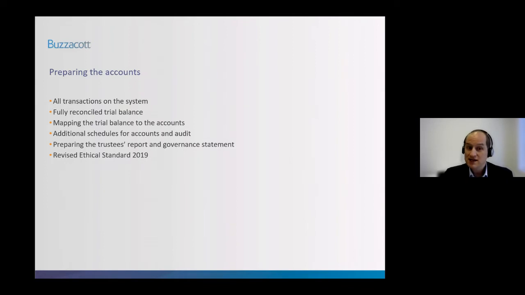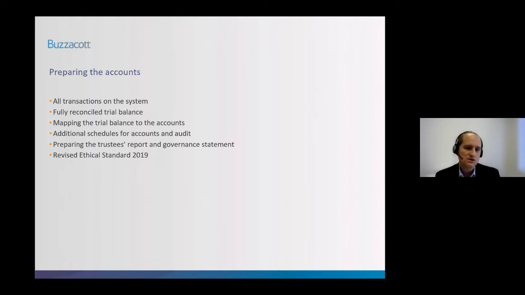Don't forget, you'll also need to prepare the Trustees report and the governance statement, so the front end of the accounts. That was covered in part 1 of the workshop, and we're not planning on going through that in any great detail today, but obviously that needs to factor into the timetables and deciding who's going to draft each of those elements.